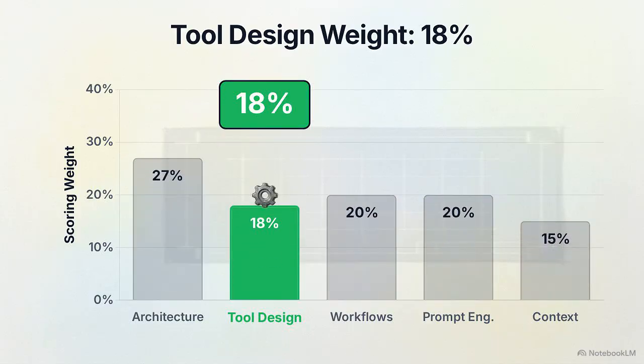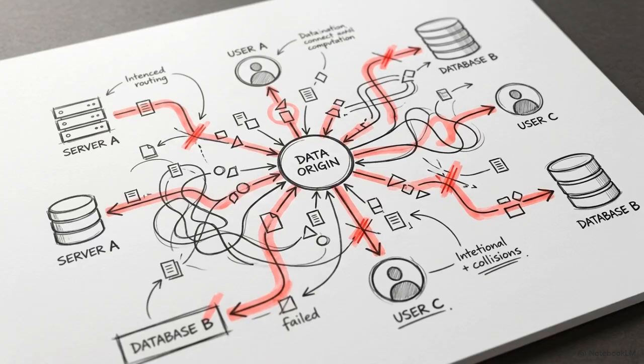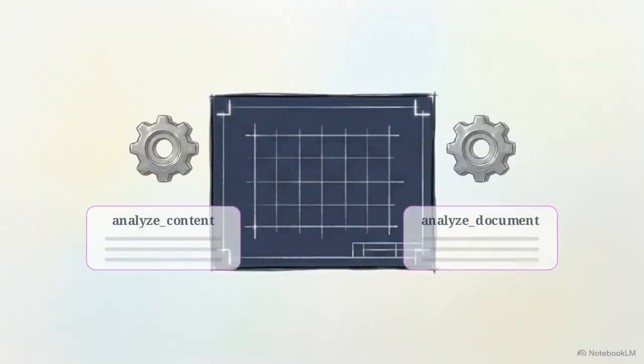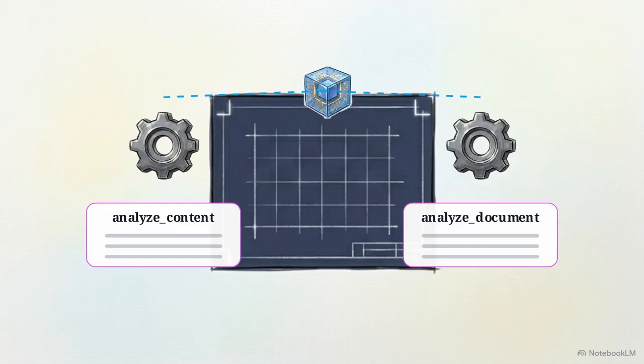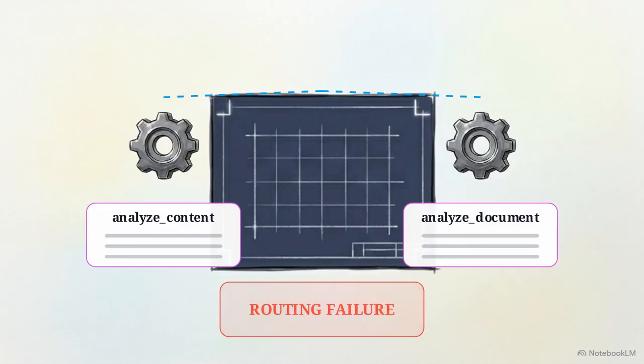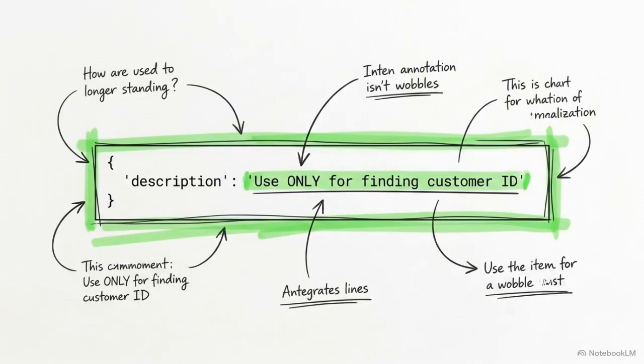That brings us to Domain 2, covering tool design and model context protocol integration, which accounts for another 18% of your score. Here, the most common pitfall is the tool routing trap. If your tool descriptions are vague or overlap in functionality, Claude will constantly misroute critical requests because it relies entirely on those descriptions for tool selection.